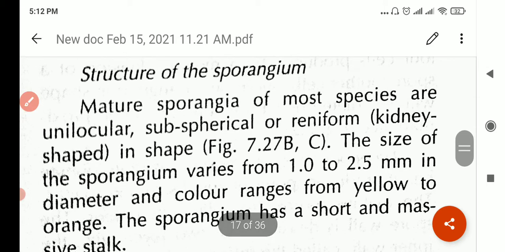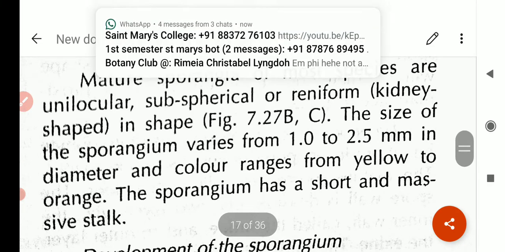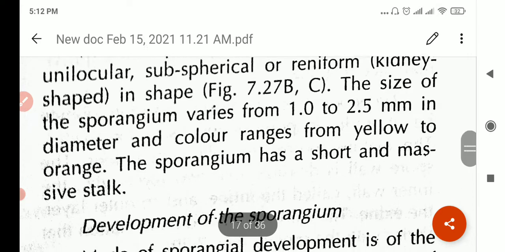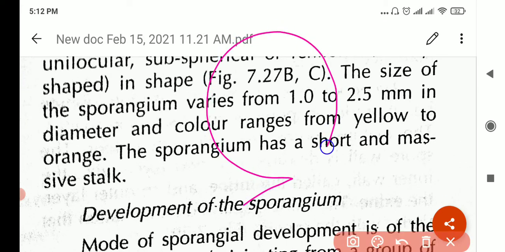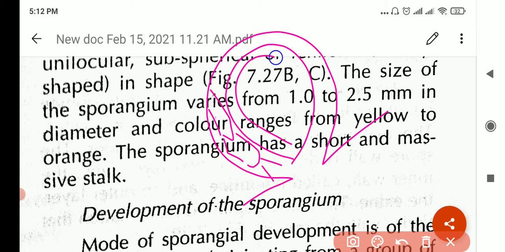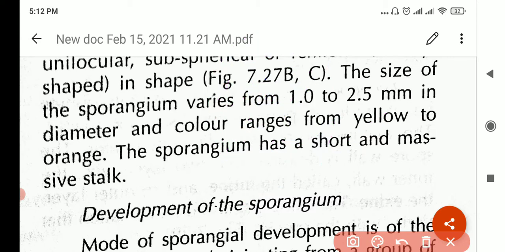Now let's look at the structure of the sporangium. Remember the structure, it was round. Then we had a layer of jacket cells, and then another layer of tapetum cells, and then inside were the spore mother cells. Now how they look, let's see.